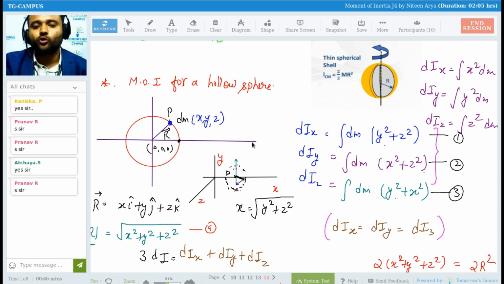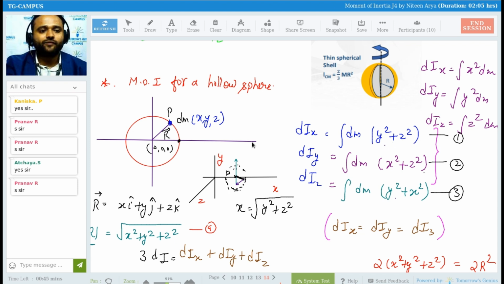Instead of finding the total directly, because it is a vector thing, I can go with the x, y, z system. dIx I know is x square dm, dIy is y square dm, dIz is z square dm. From this diagram, I can tell you how x square, when rotating along y or z, relates to y square, z square.